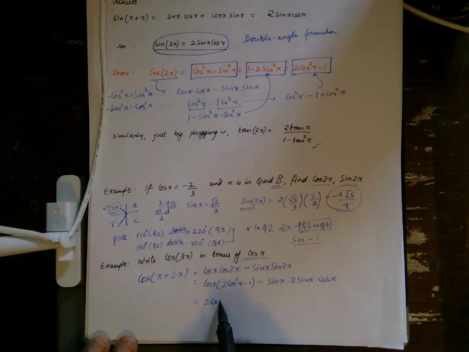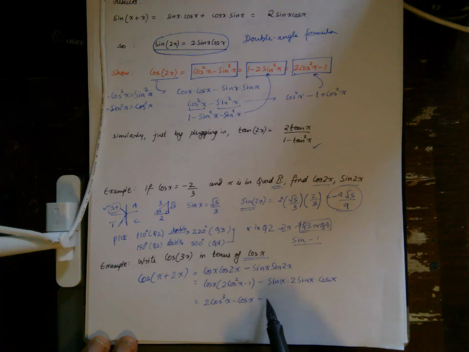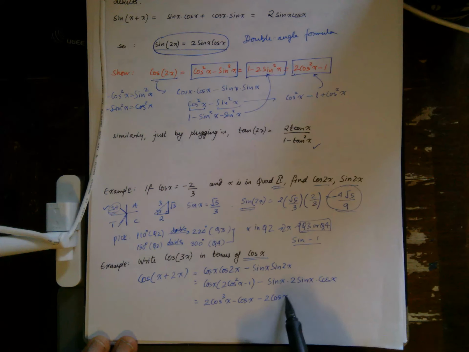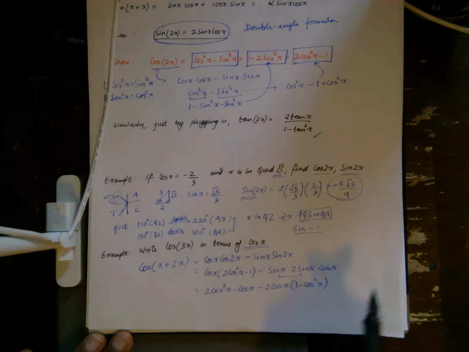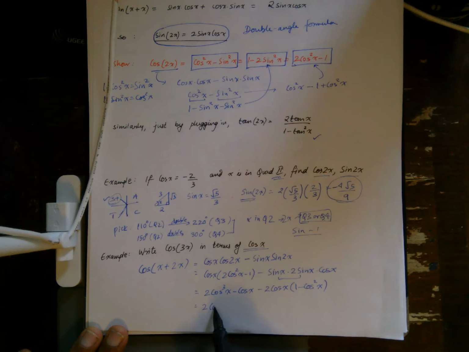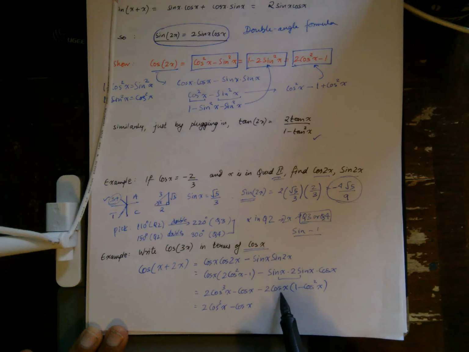So this is 2 cosine cubed x minus cosine x minus 2 cosine x. Sine squared x can be written as 1 minus cosine squared x. So 2 cosine cubed x minus cosine x, distribute, minus 2 cosine x plus 2 cosine cubed x.